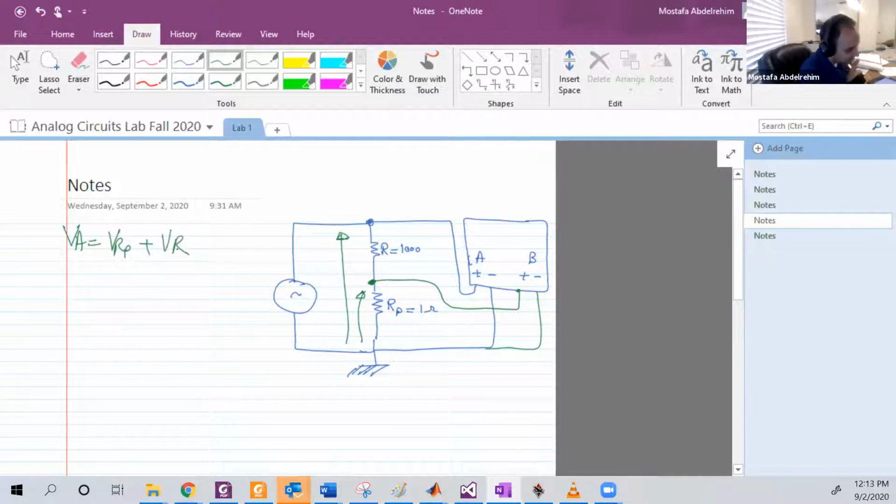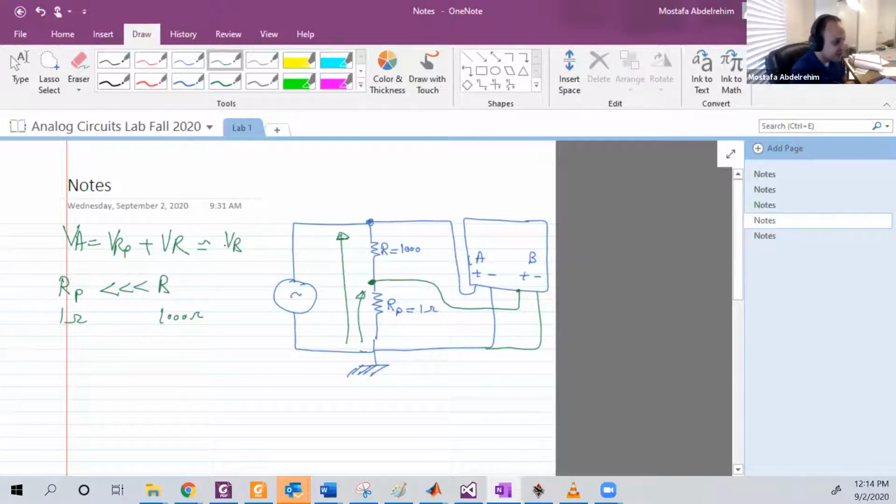It's not only VR, but since RB, I'm sorry, is much less than R, this is 1 ohm and this is 1 kilo ohm or 1000 ohms, VA is approximately equal to VR.